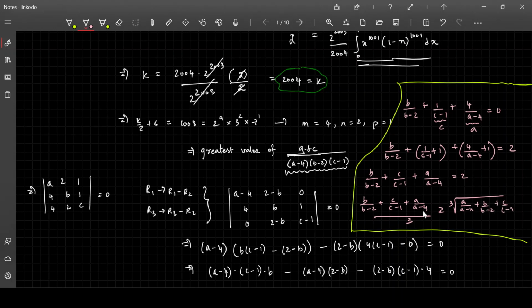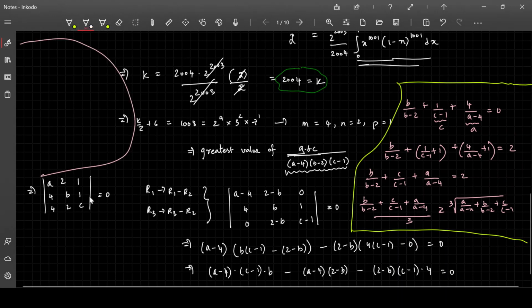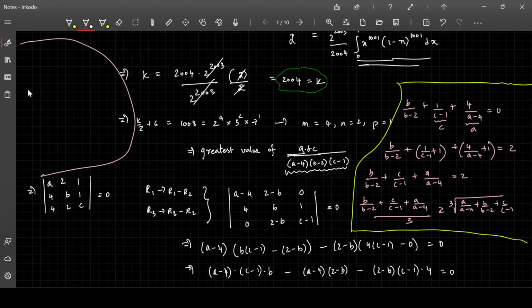So you can just substitute 2 here. On substituting this value, we get 2 by 3 whole cube, and that is equal to 8 by 27. So the greatest value is, it's better I write the final step here.